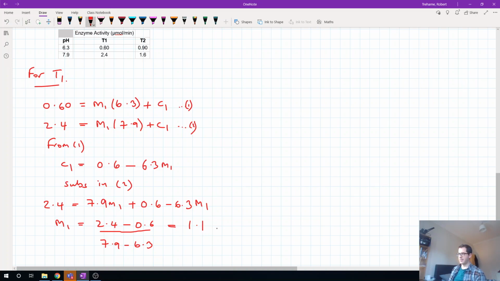Okay, now that means that c1 is equal to 0.6 minus 6.3 times 1.1. I'm actually going to use the value of 1.125, which I just calculated.